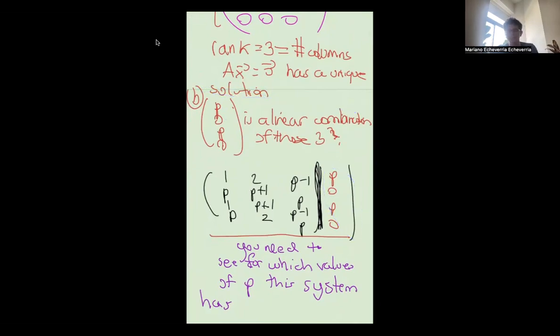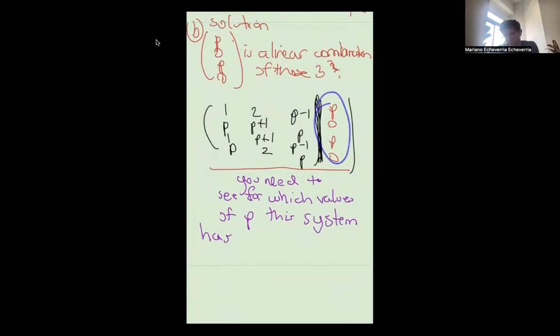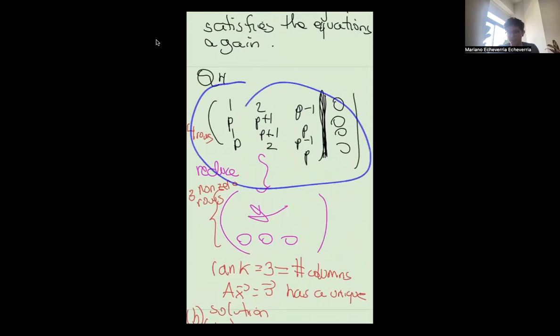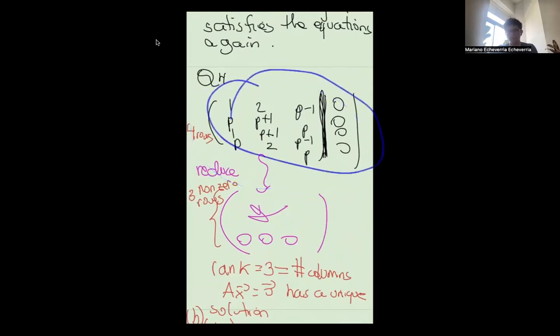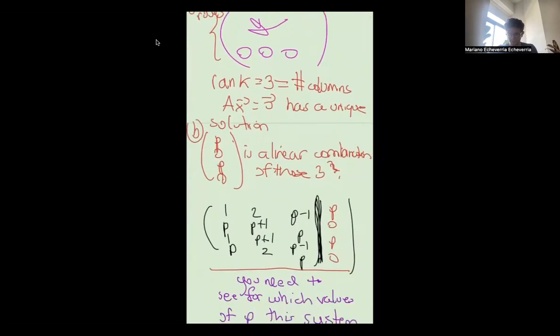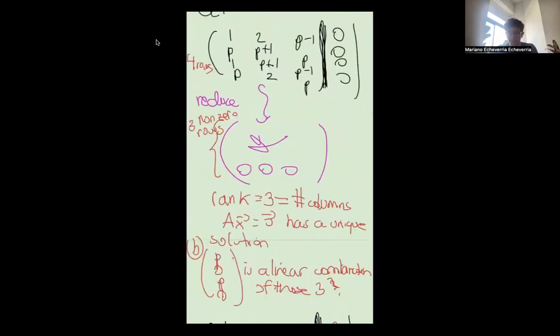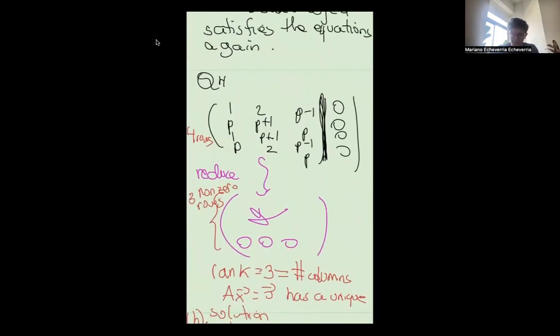But if I had asked for that, then yes, you would put P0, P0 here. The question on the PDF was only about linear independence. The condition for it to be linearly independent is that AX equals 0 has a unique solution.